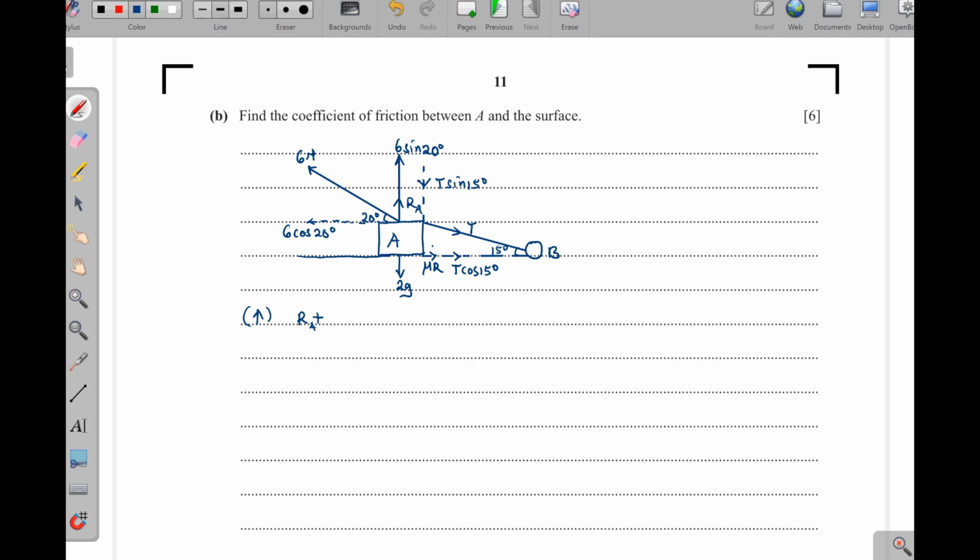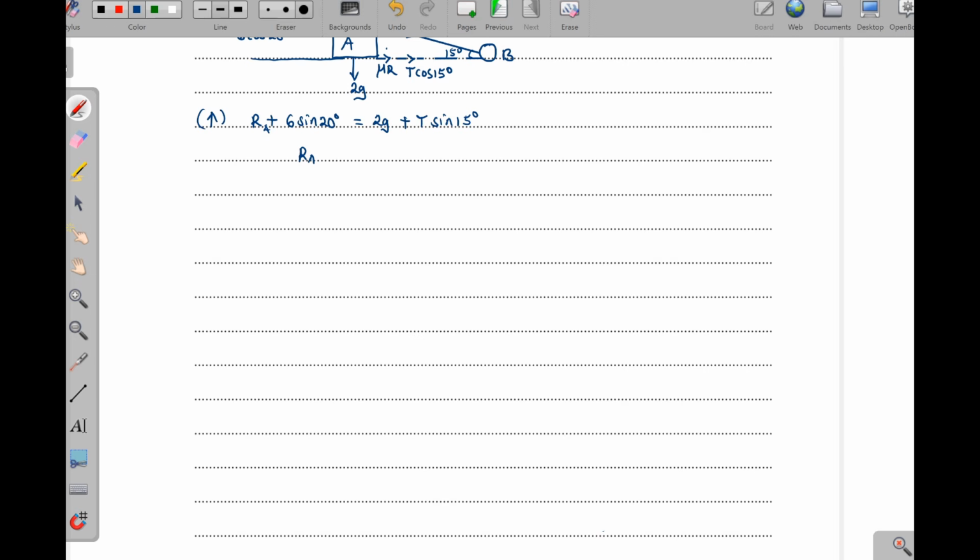Then plus this side, 6 sine of 20 degrees. Then this one is equal to this 2g going down. Then plus this T sine of 15. You see that? So our RA here is going to be equal to, first of all, this is 20. Then plus T sine 15.